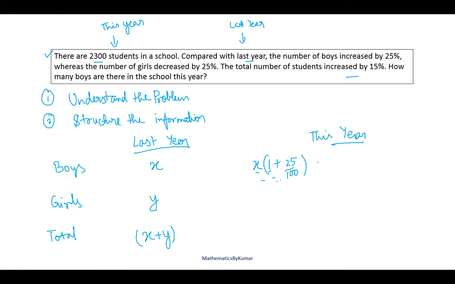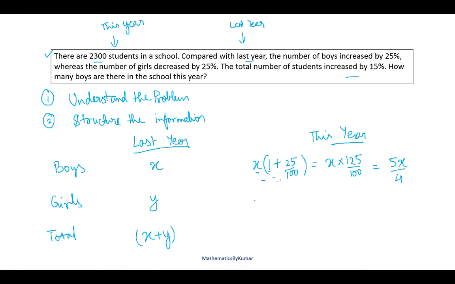The next task would be to simplify so that I can use it directly next time. This is x into 125 over 100. Now it can be further simplified because I have a factor of 25 in both cases. So if I divide the numerator and denominator by 25, I'll get 5x by 4.